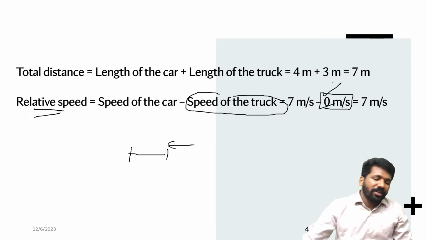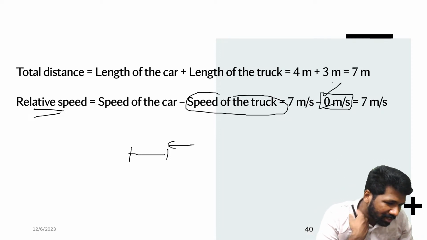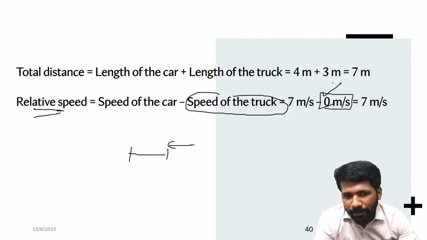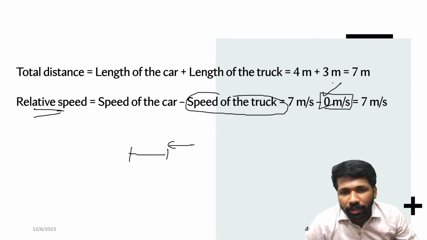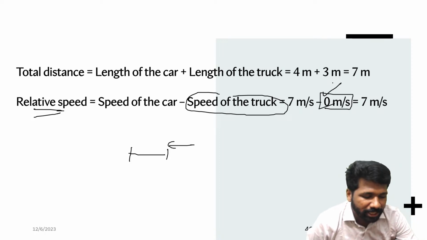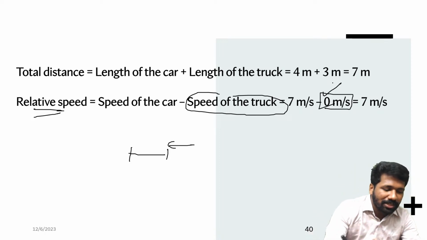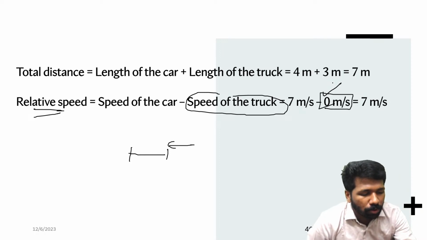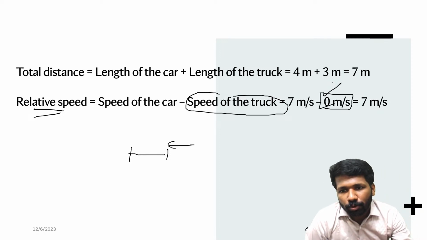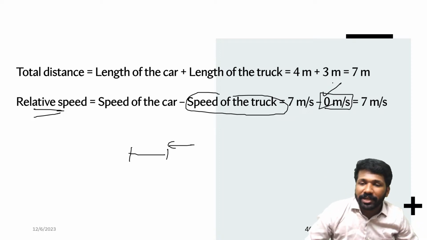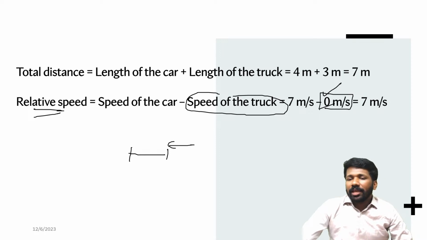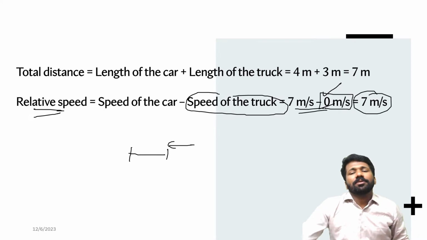Here it is 0 speed, that is why it does not make any difference whether you subtract or not. But if it was moving, that kind of question we will discuss tomorrow in train problem chapter. That is why I told you this chapter's extension is train problem, trains, boats and streams. That is tomorrow's topic. So there we will discuss more about relative speed idea. Anyway, here the relative speed is 7 meter per second itself.